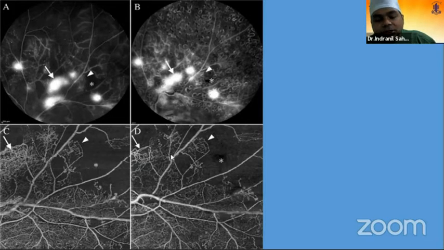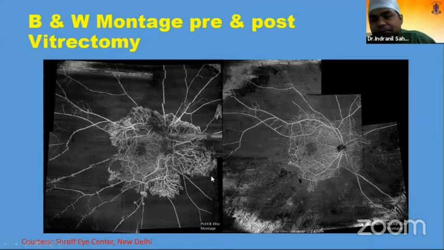Post-treatment, the neovascular component has reduced, as in it was thick in caliber and has become thinner, but the FA does not show you the areas of non-perfusion, which are still picked up quite well on the OCT angiogram. This is an image of a patient pre-vitrectomy and post-vitrectomy, where you can see the advanced proliferation present along the posterior pole, which has obviously regressed post the vitrectomy.